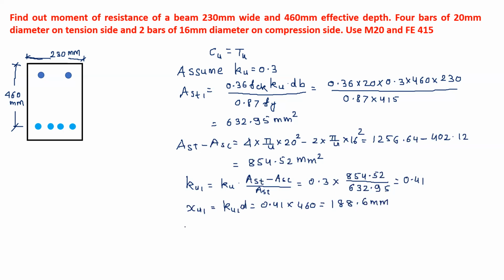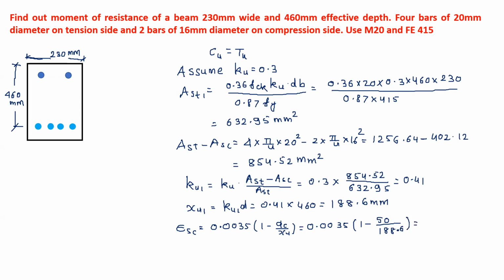From this, we will find the value of epsilon sc, which is equal to 0.0035 into (1 minus dc upon xu), because we have to assume fsc. So we have 0.0035 into (1 minus dc, which is 50, upon xu, which we got as 188.6).